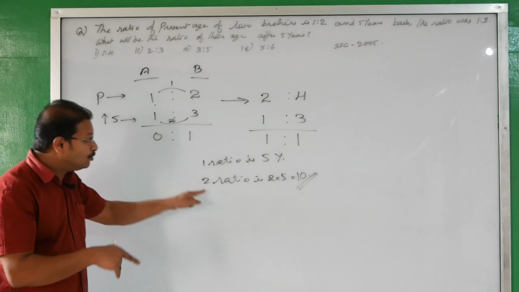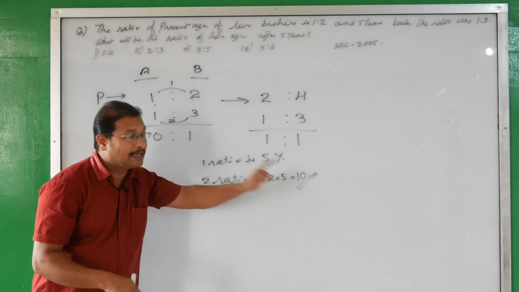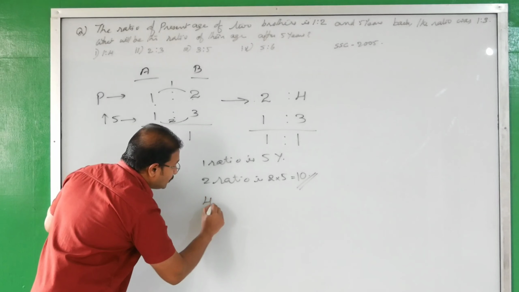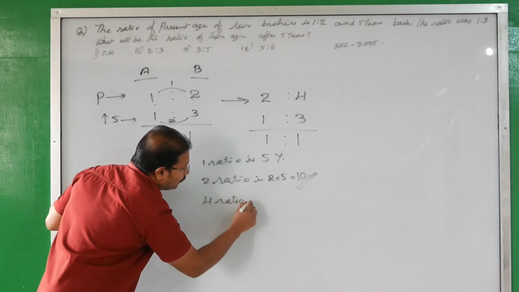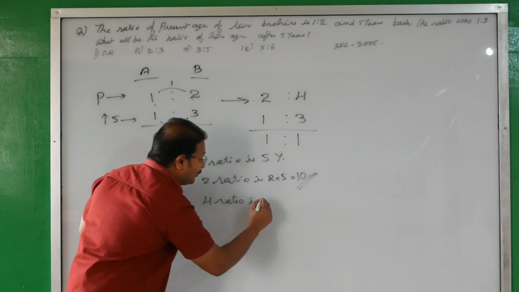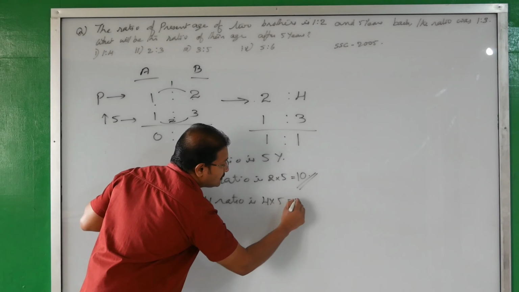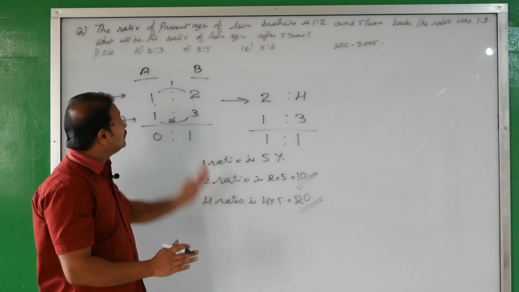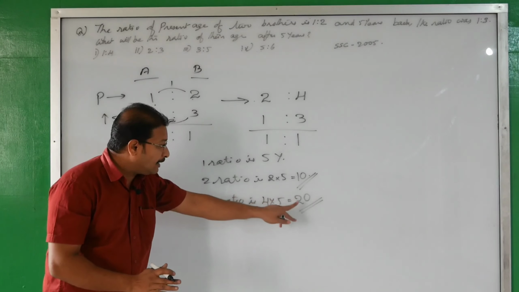The second person's present age is 4 ratio, so 4 into 5, that means 20. So these are the present ages of the 2 persons, 10 and 20.